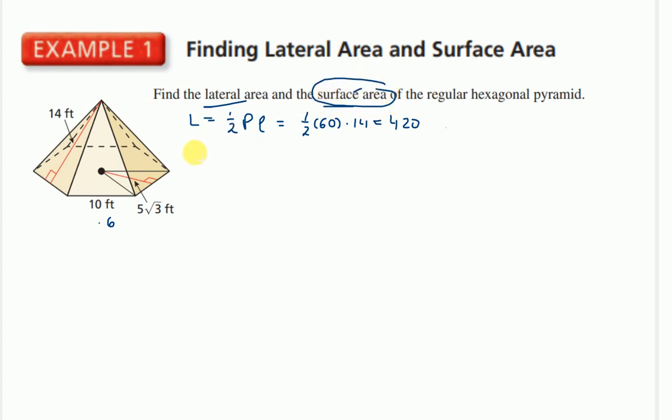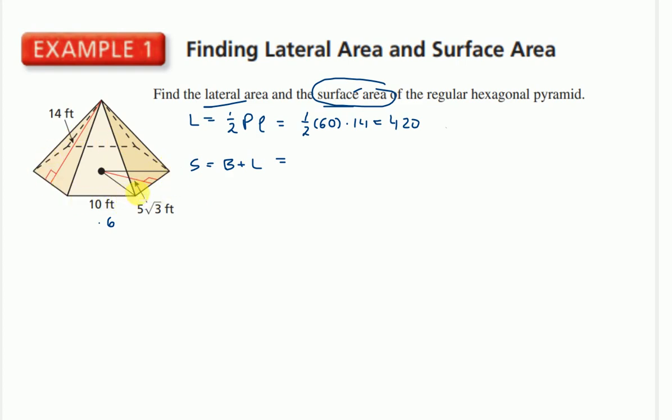To get the surface area, we have to also add the base. In the previous lesson, you learned how to find the area of a polygon. So the surface area is going to be the base plus the lateral area. The base here is we find one of these triangles basically, and then multiply it by the perimeter.